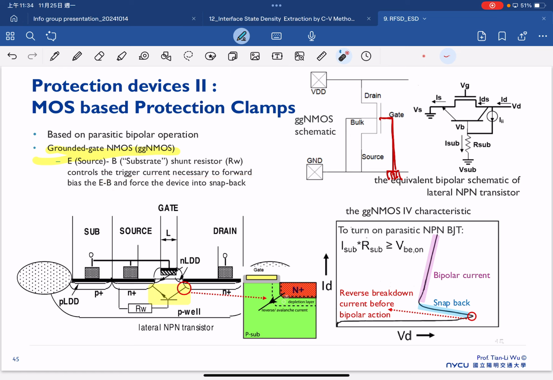So the idea is that once we have this GGMOS, we make sure the device turns on the parasitic NPN BJT. And once we turn on the parasitic NPN BJT, this GGMOS operates in snapback mode, and it can very efficiently shunt the current away.